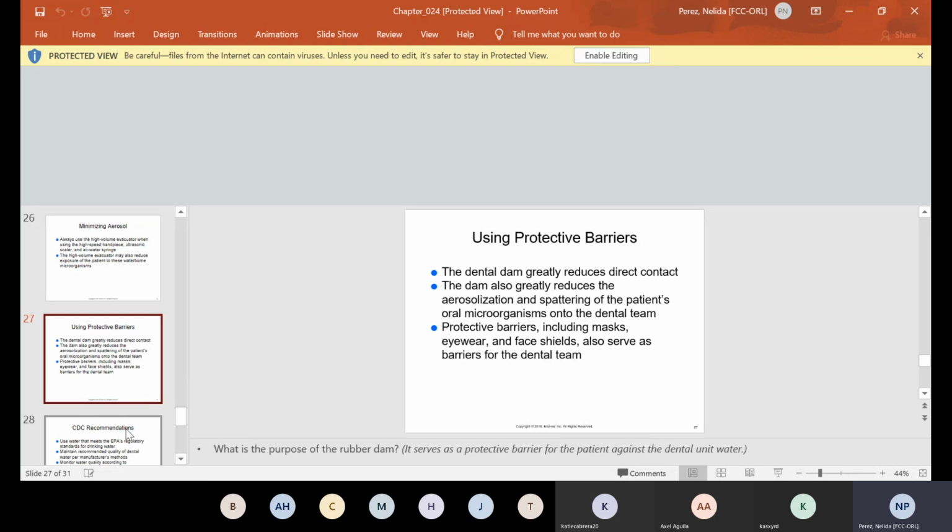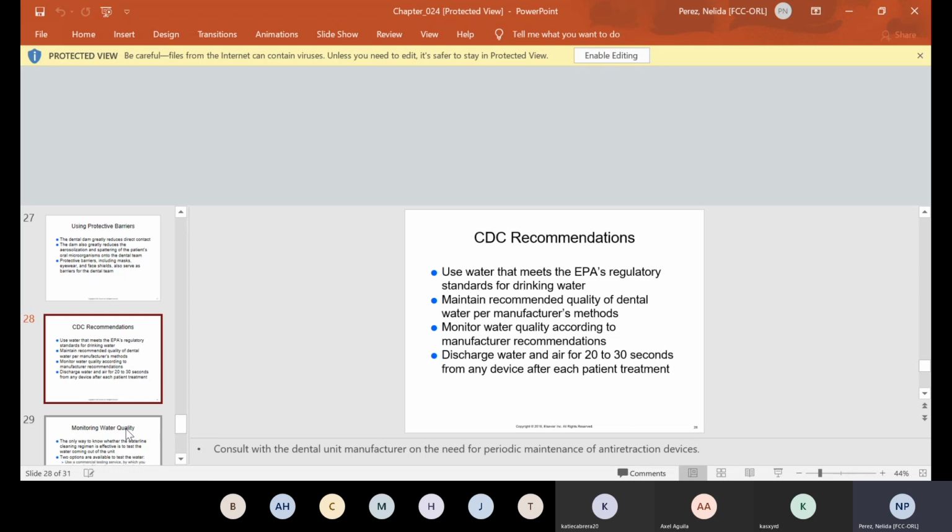Using protective barriers, there's something called the dental dam, and it greatly reduces direct contact. The dam also greatly reduces the aerosolization and spattering of the patient's oral microorganisms onto the dental team. This is why it's important not only for us to use protective barriers, but our masks, eyewear, and face shields also serve as barriers for the dental team. So not only are we protecting the patient, we are trying to protect us.